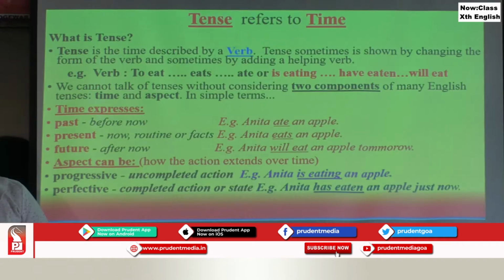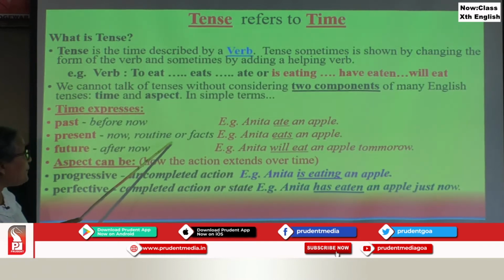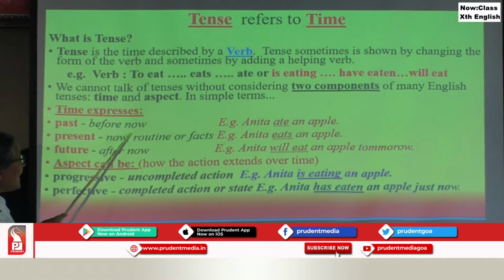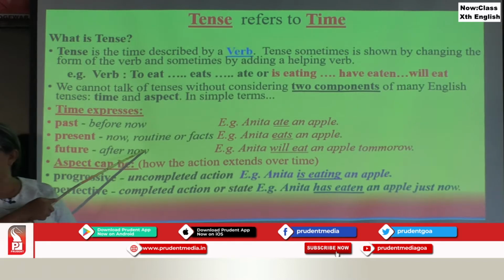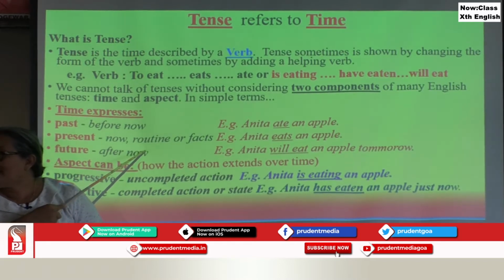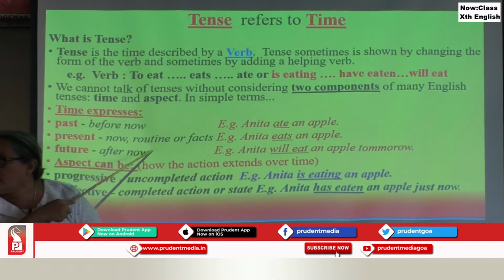Anita eats an apple now. Anita eats an apple every day. That means I'm talking about her routine, what she's doing every day. Anita gets up at 6 a.m. in the morning every day, routine.